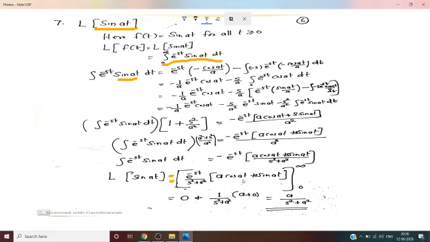That is a cos 0 is 1, sin 0 is 0. Hence the integral is a by s square plus a square. That is Laplace transform of sin a t equal to a by s square plus a square.